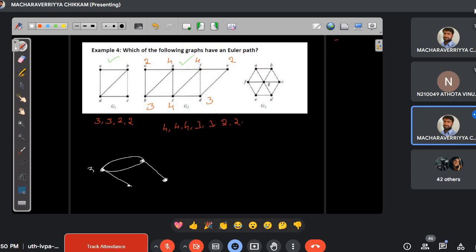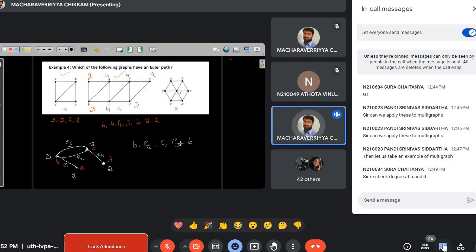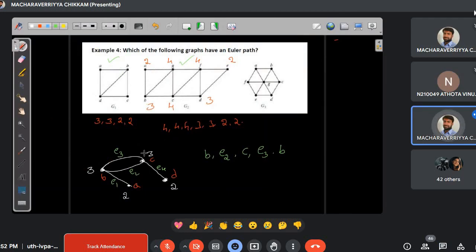Okay, this is degree 3. This is degree 3, and these two are degree 2. A and D are pendant vertices. They are of degree 1, 1. Sorry, they are pendant vertices, right?